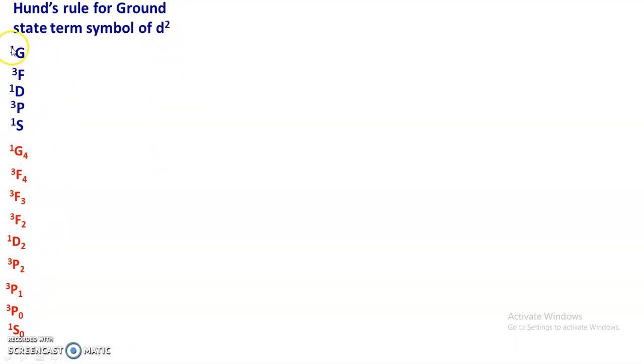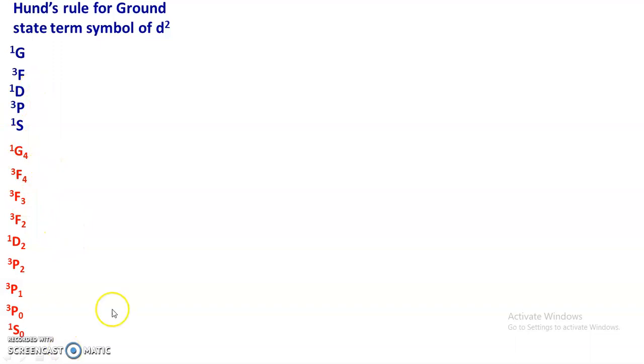So these are the possible terms on the basis of selection rules for d2 configuration, that is 1G, 3F, 1D, 3P and 1S. And the possible term symbols for d2 configuration are 1G4, 3F4, 3F3, 3F2, 1D2, 3P2, 3P1, 3P0 and 1S0.